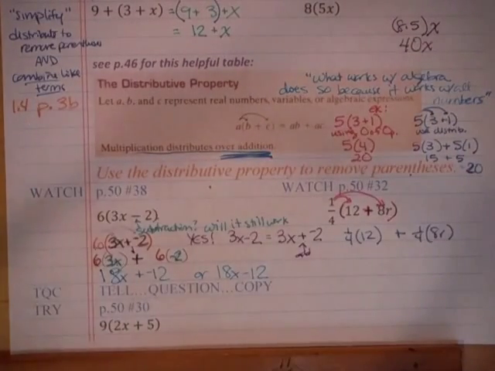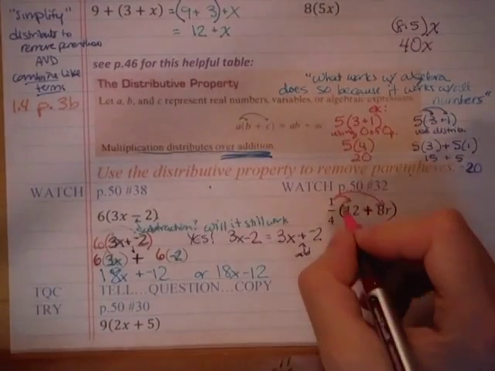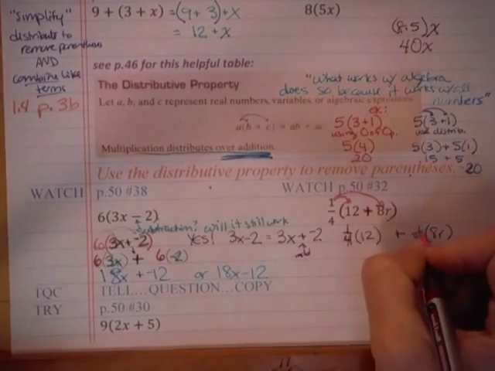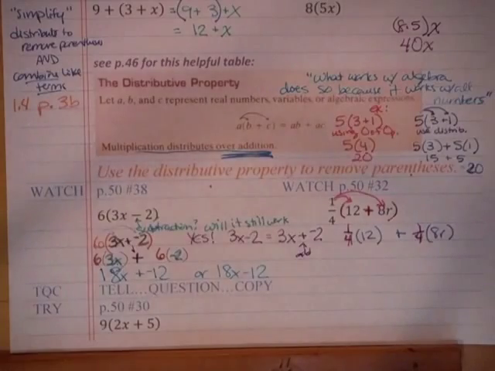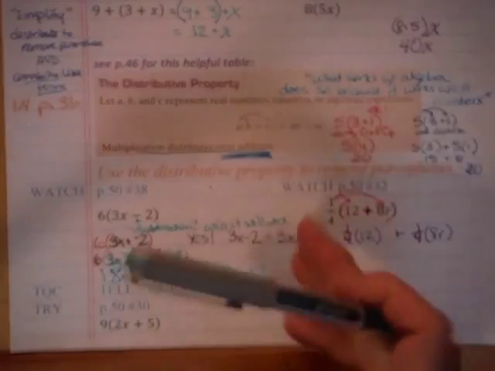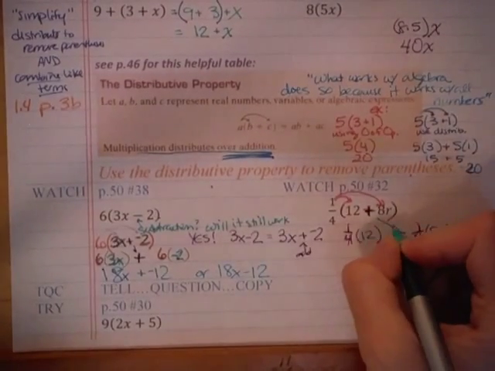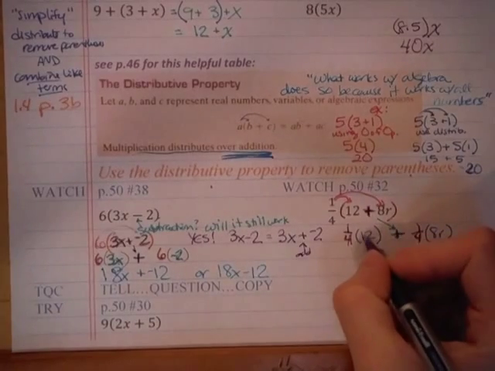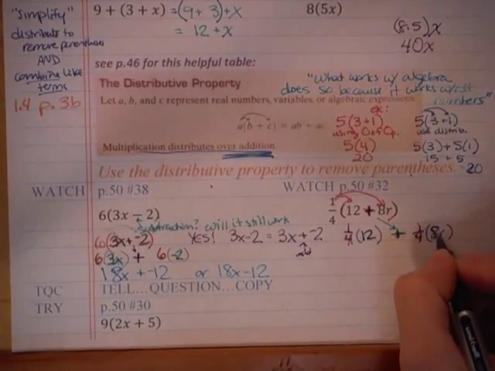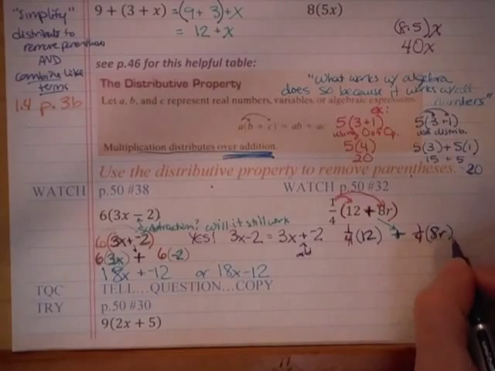So again, matching what we did before, the 1/4 is multiplied twice. You see it gets distributed over 2 terms. That means there's going to be 2 multiplications. The plus sign still hangs out right in the middle of those 2 multiplications. And then our original 2 terms, the 12 and the 8r, show up inside that distribution.